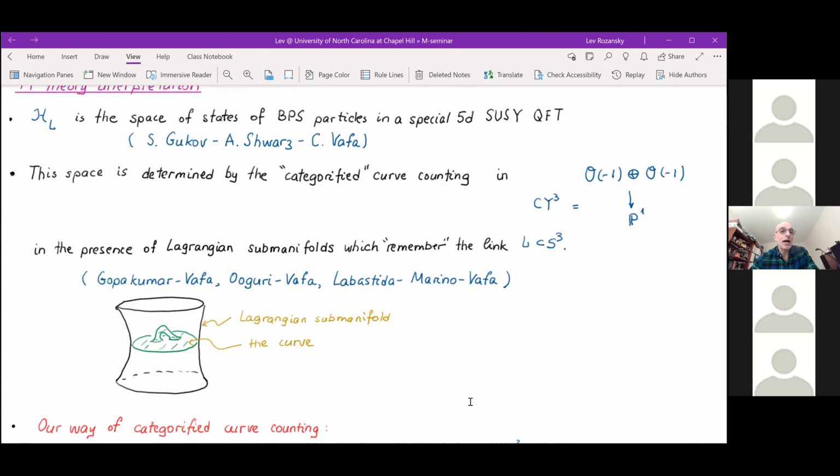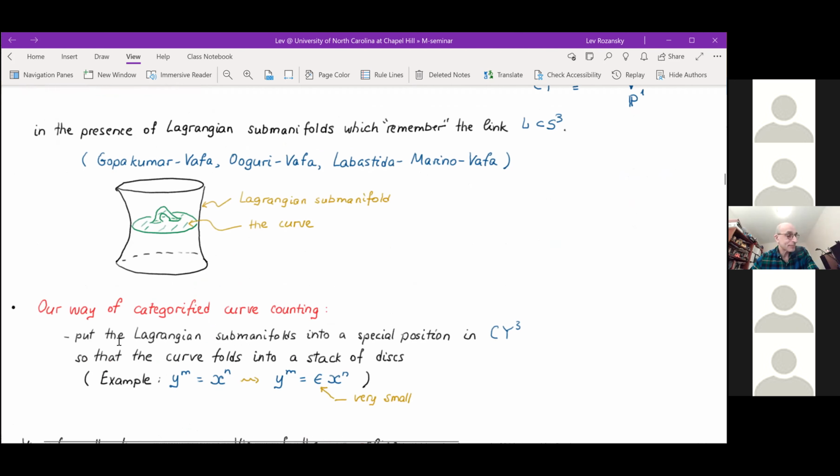Is it mathematically justified? The state of the art now: I refer to papers by Gopakumar-Vafa, Ooguri-Vafa, Labastida-Mariño-Vafa, where this concept was discussed and certain methods were suggested. I don't see a mathematician among these gentlemen. So consider this as a suggestion.